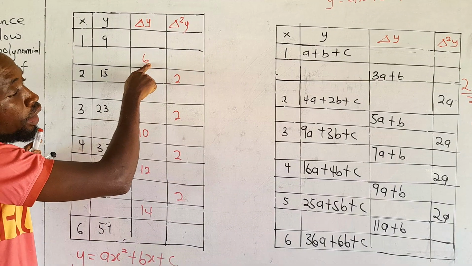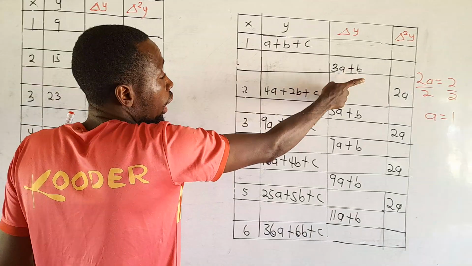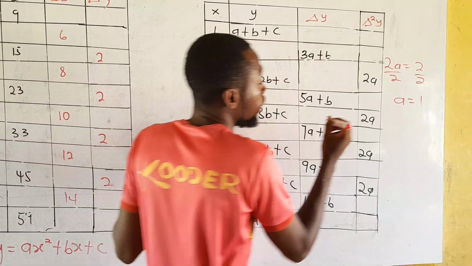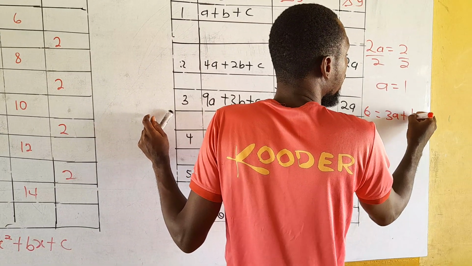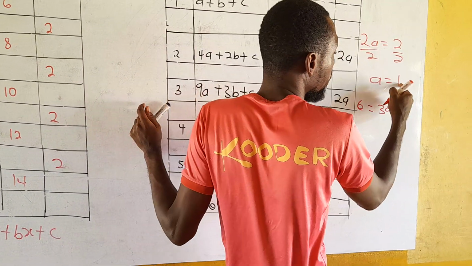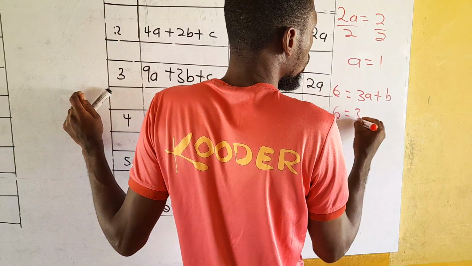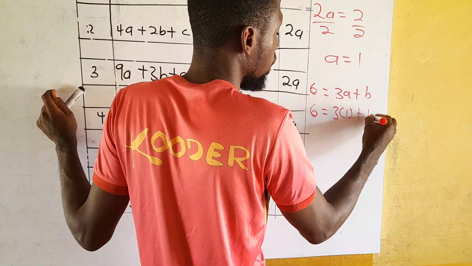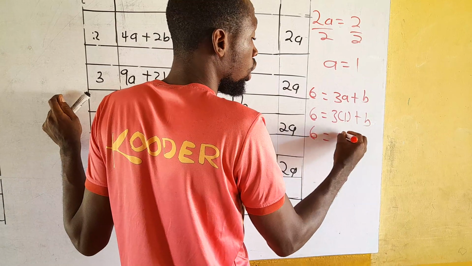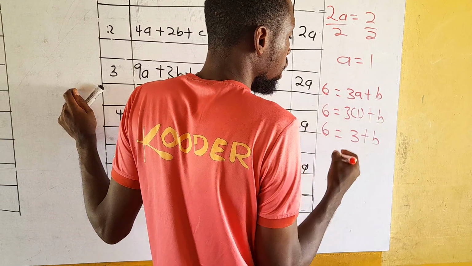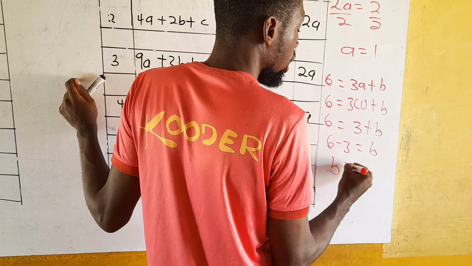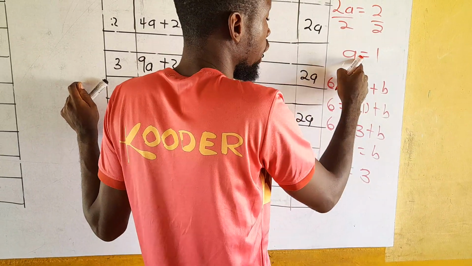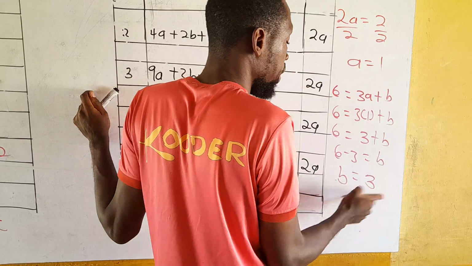So I'll pick the first. 6 is equal to 3a plus b. What's my a? My a is 1. I'll substitute. So 3 times 1 plus b. 6 is equal to 3 plus b. 6 minus 3 is equal to b. And our b is 3. So a is 1, b is 3.